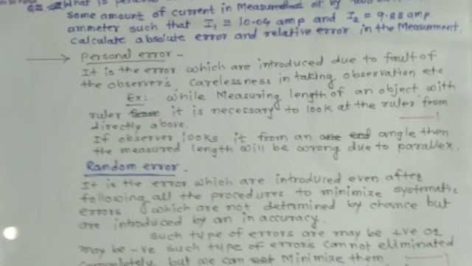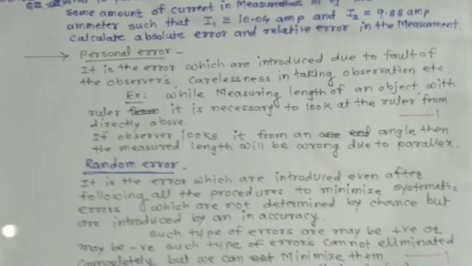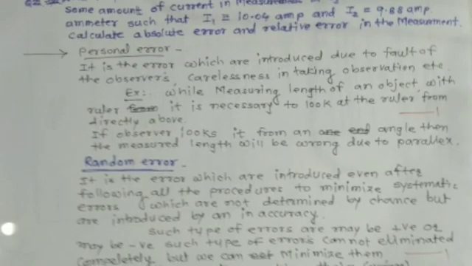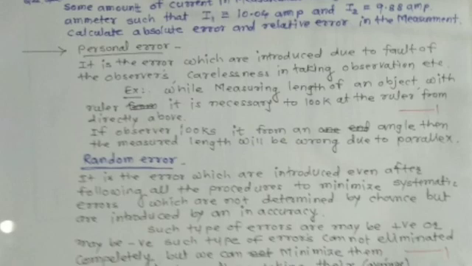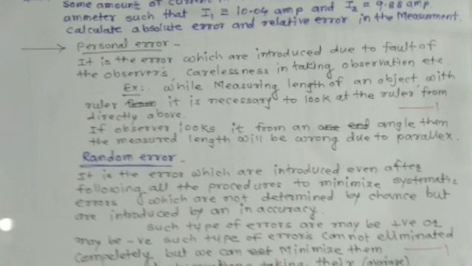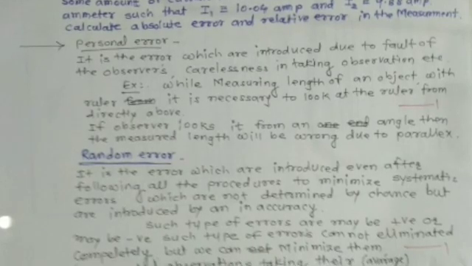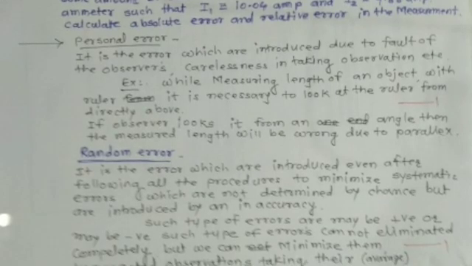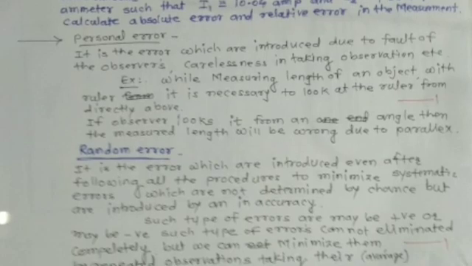It is the error which is introduced due to the fault of the observer, carelessness in taking observations, etc. Example: while measuring the length of an object with a ruler, it is necessary to look at the ruler directly from above.